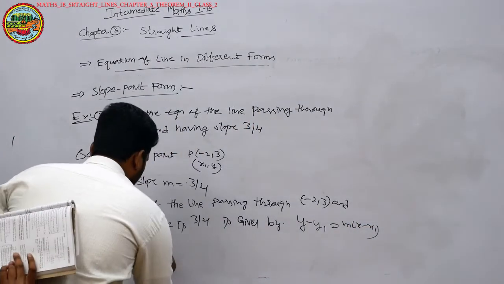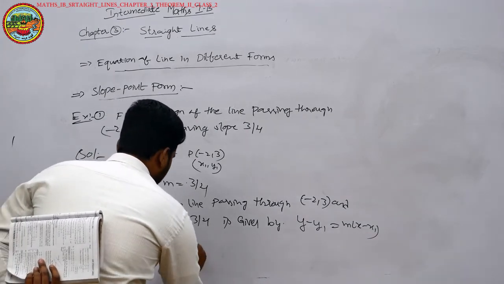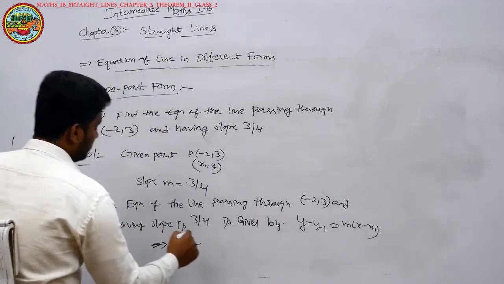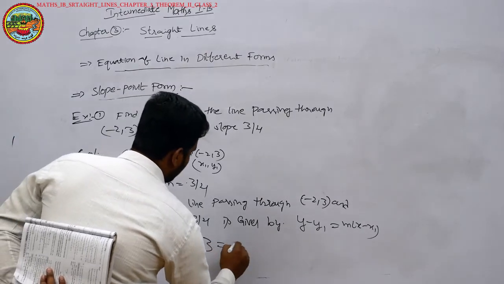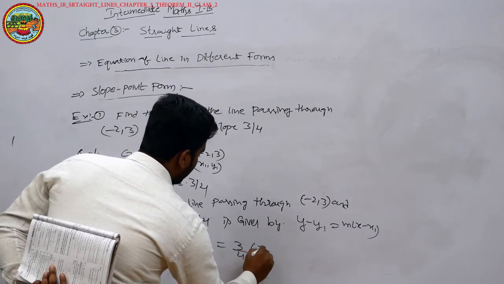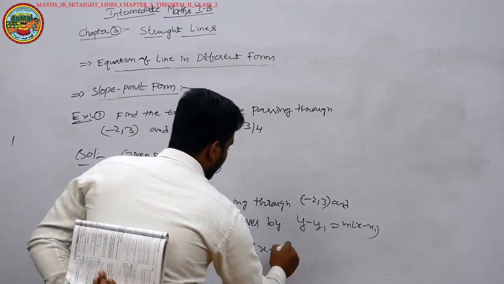So y minus y1 means y minus 3, is equal to m value 3 by 4, and x minus x1 means x minus minus 2.